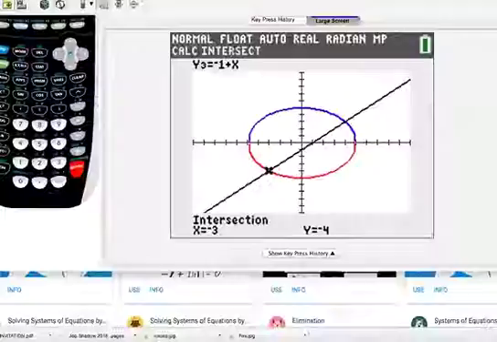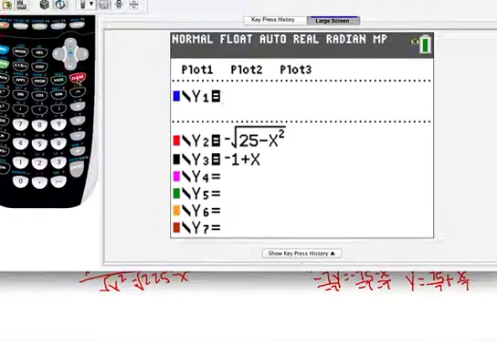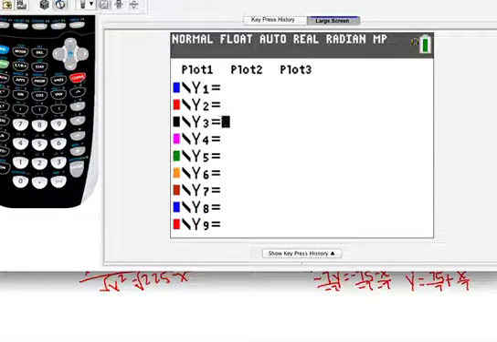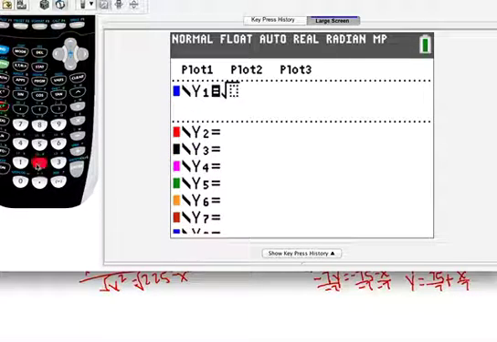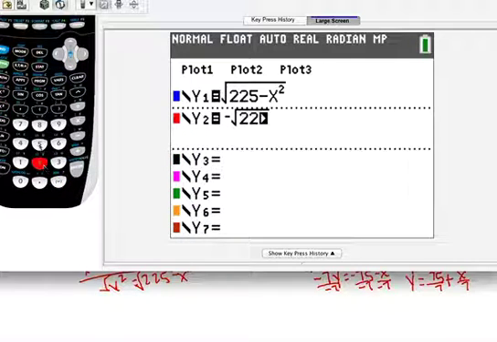So you go to the calculator, go to y equals, and clear out anything that's in y equals. So for the first equation, you're going to have the square root of 225 minus x squared. For the second equation, you're going to have negative square root of 225 minus x squared.